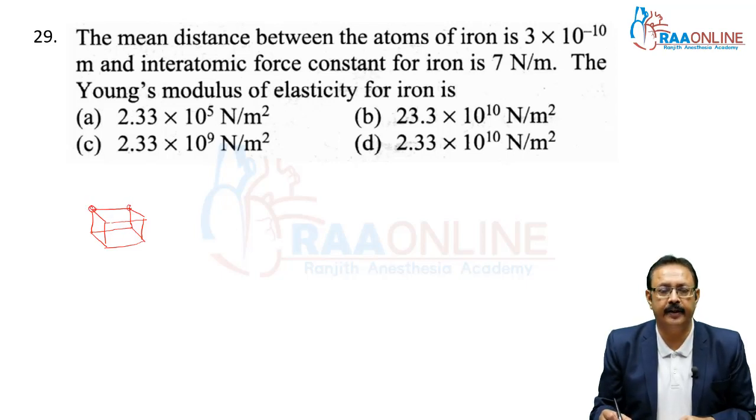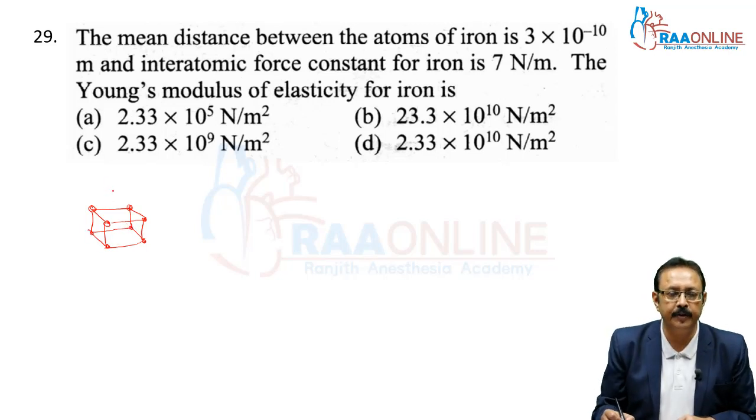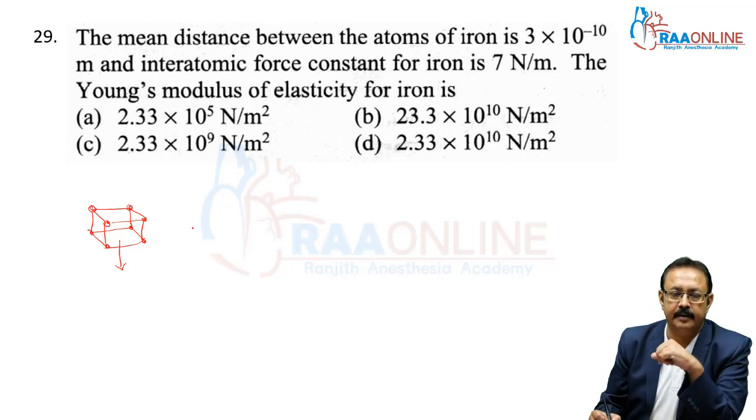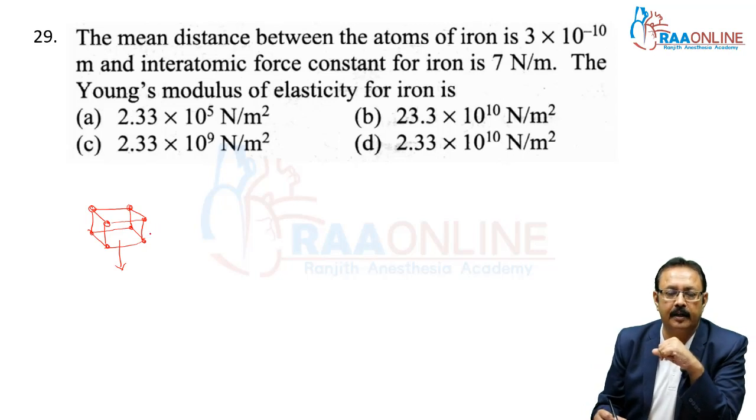I am only making this structure for these 8 atoms. When you are applying a force, you are increasing the interatomic distance. If initially it was R0, you change this length to R0 plus delta R0.